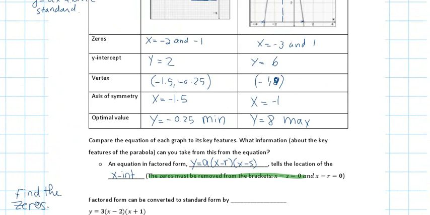Now, we learned that if I want to go from standard form to factored form, what do I do? We factor.